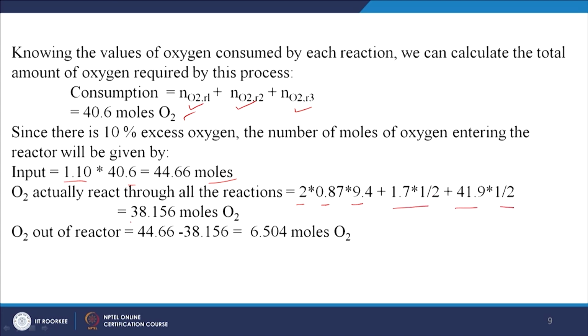Then it comes to 38.156 moles of O2. So, 44.66 we are giving, and 38.156 moles of O2 is used for the combustion process. The remaining will be available in the exit gas: 44.66 minus 38.156 equal to 6.504 moles of oxygen.